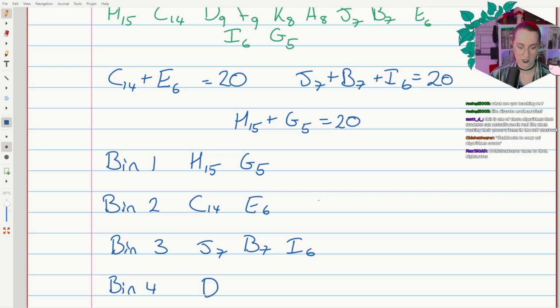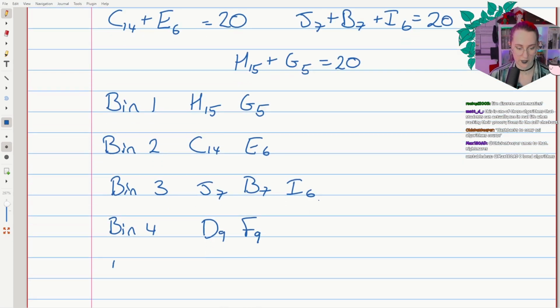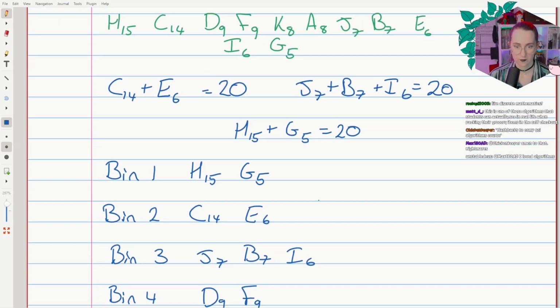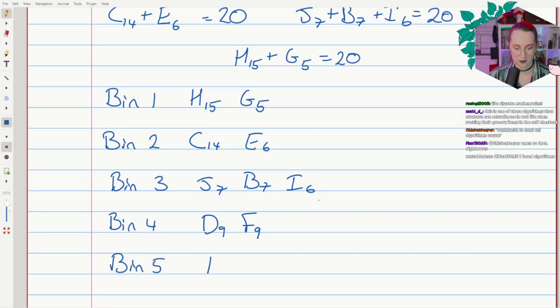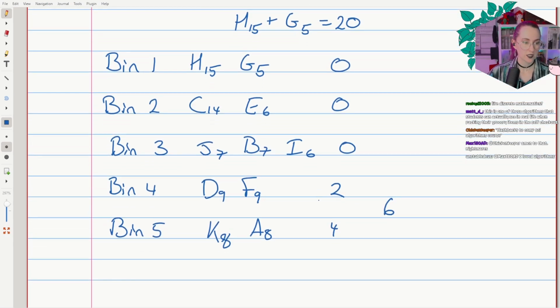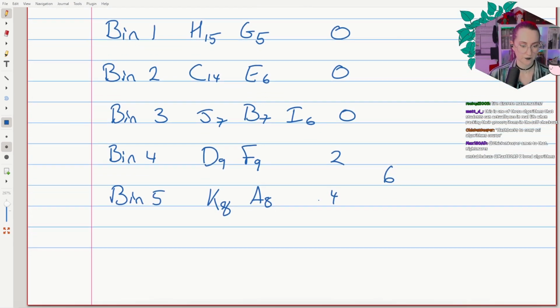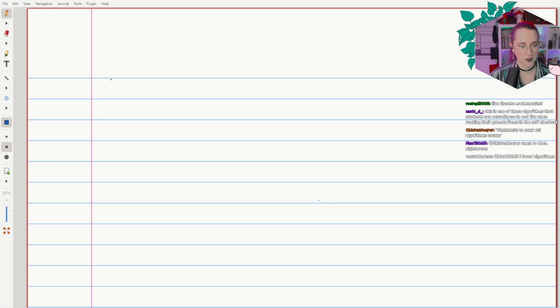So we'd have D9, F9, and bin 5 would be A8, A8. So the wasted space here is 0, 0, 0, 2, and 4. So it's 6 again, which is the same as fit first decreasing. But the question is, could we have done better?